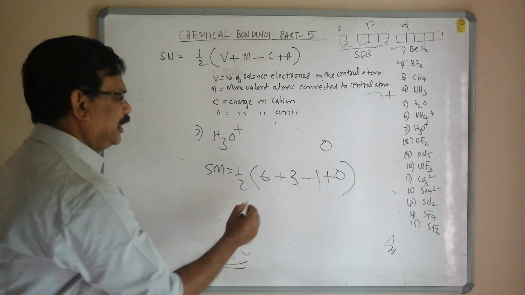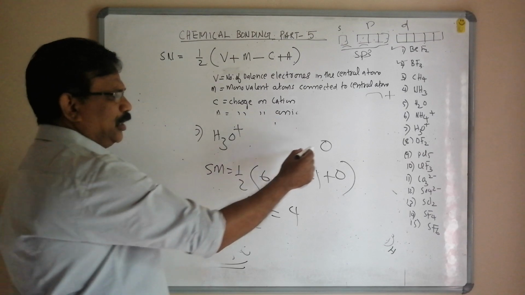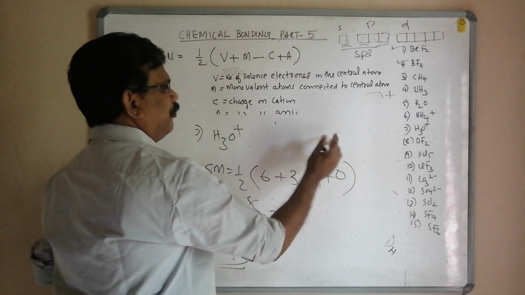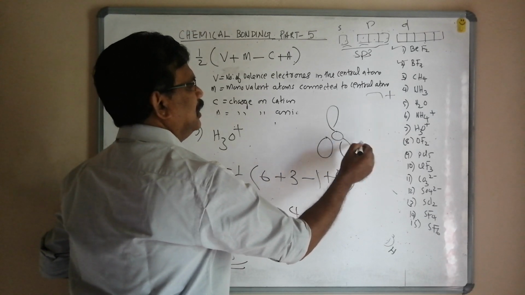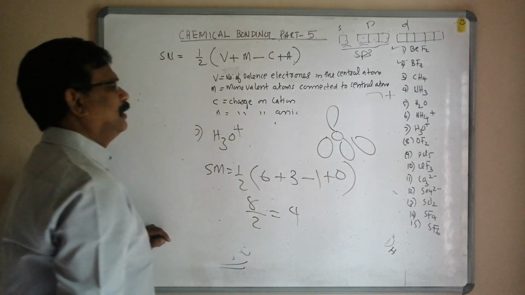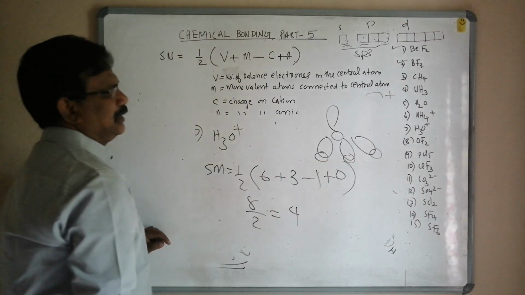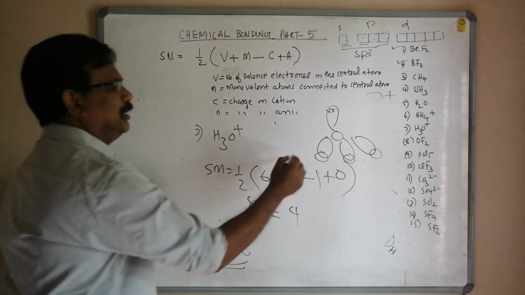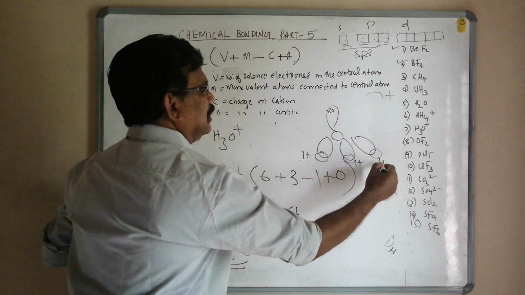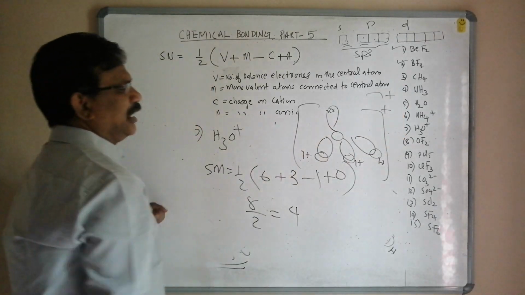So 9 minus 1, 8 by 2 is equal to 4. 4 hybrid orbitals around oxygen. And 3 orbitals are for H, and 1 is a lone pair, an unshared pair. This is H3O plus, oxygen carrying a positive charge.